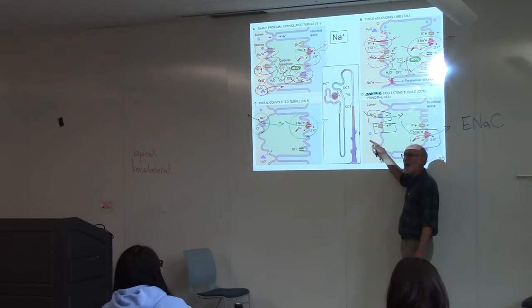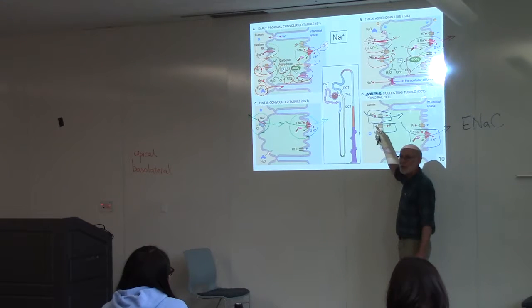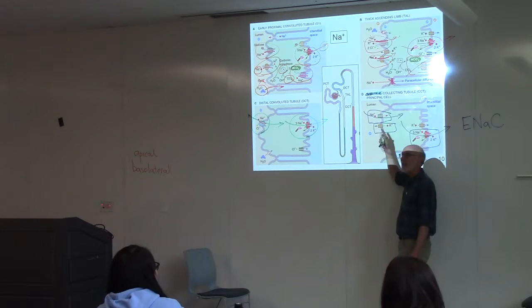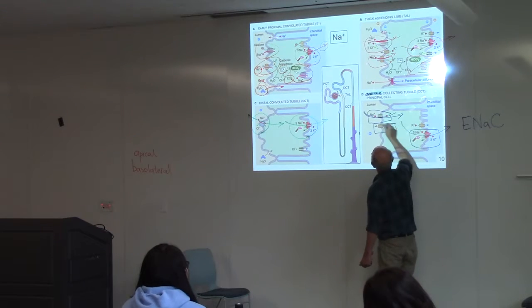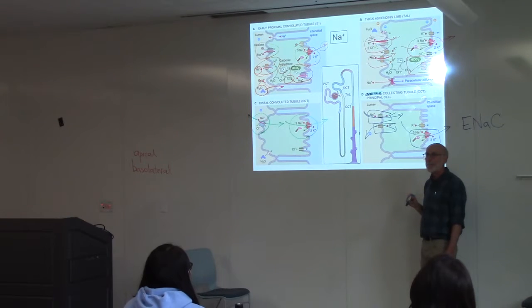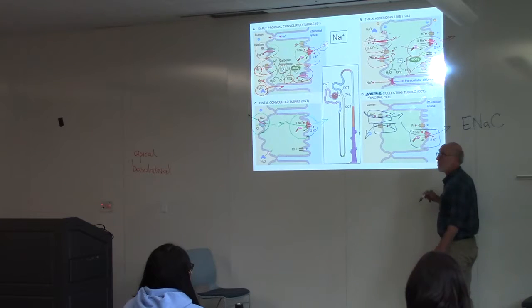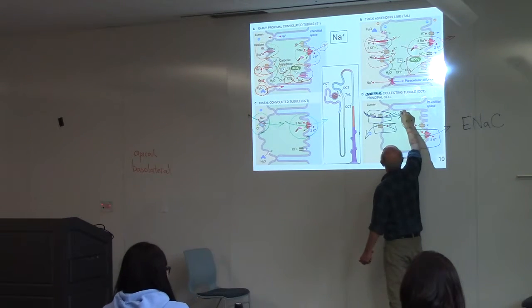But it's not an obligatory exchanger because it's two different proteins. But it acts like an exchanger. So when sodium flows in here, potassium flows out there. And you'll use this in the problem set. But we're not talking about potassium too much. Sodium flows in and pumped out.